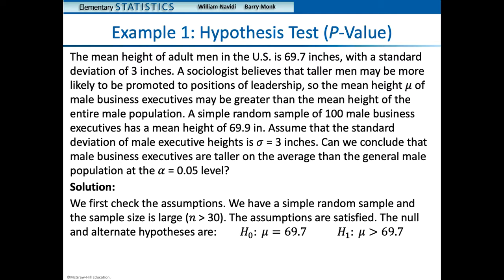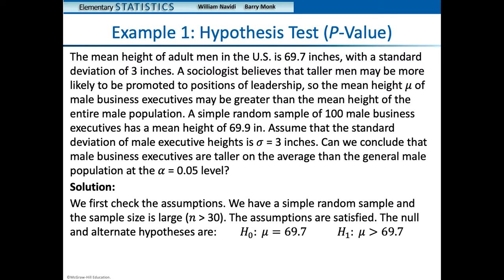Now we can establish our hypotheses. The null hypothesis is the assumption that there is no change or no difference. That would be the assumption that the mean height of men in general and the mean height of male business executives are the same. So the null hypothesis would be mu equals 69.7, where mu is the population mean height of male business executives.